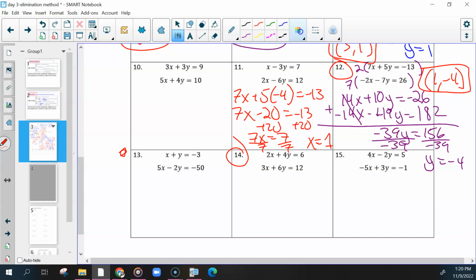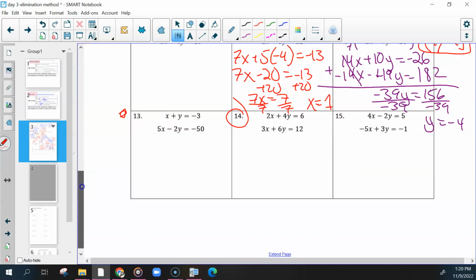Questions on that one? For number 13, what would be my first step? Coefficients. Okay.